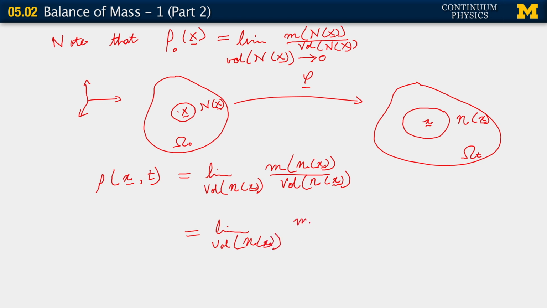Now we can write this as the mass of the original neighborhood, capital X, divided by the volume of the original neighborhood, times the ratio of the volumes of the neighborhoods.